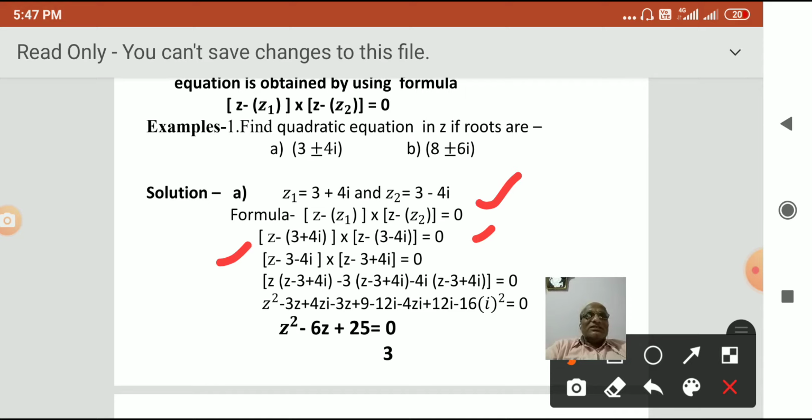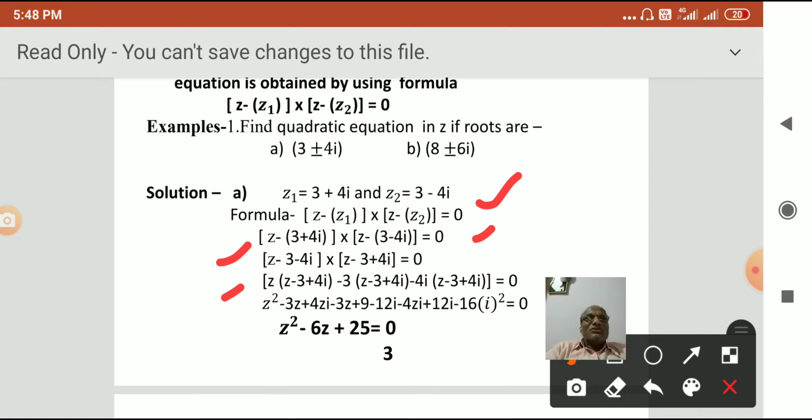Similarly for the second bracket, z minus 3 minus 4i becomes plus 4i, which is equal to 0, so we have solved the brackets. Now there are 3 terms in the first bracket, so we multiply the second bracket with each term of the first bracket. That is, z multiplied by the second bracket, minus 3 multiplied by the second bracket, and minus 4i multiplied by the second bracket. So we get these terms.